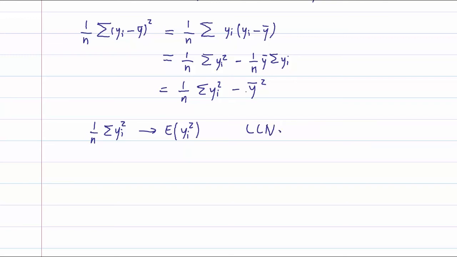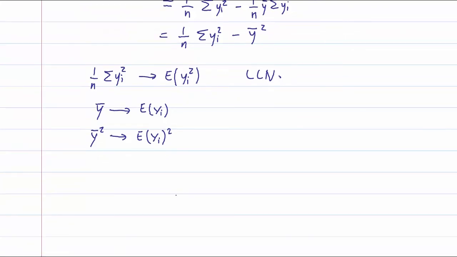And we know that y bar converges to expectation of y, also by the law of large numbers. By applying the continuous mapping theorem, so we have y bar converges to expectation of y, and hence we have y bar square converges to expectation of yi, squared. So 1 over n sum of yi minus y bar square, we just saw that it's equal to 1 over n sum of yi square minus y bar square.